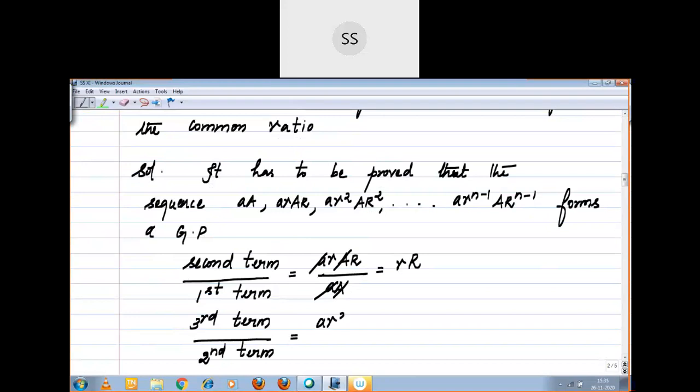Third term is a r square capital A capital R square divided by a r capital A capital R. a cancels, r one cancels, capital A cancels, capital R one cancels. So you arrive at the result r into capital R. Like that you can go on. You will get the same result. Here the common ratios are equal, therefore it forms a GP.